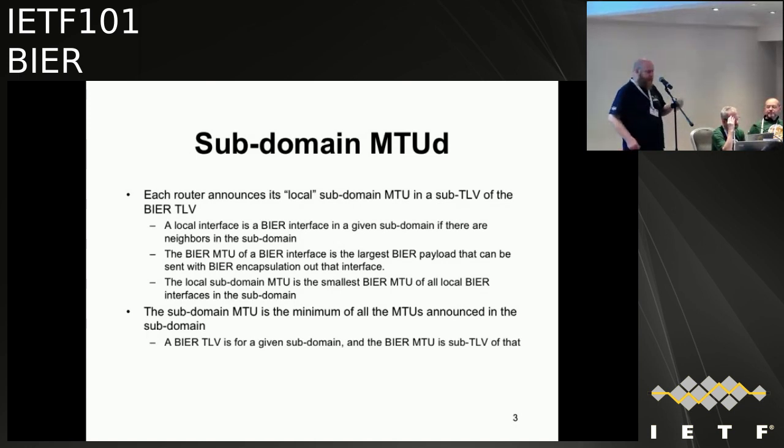So you announce in OSPF or ISIS what is the largest packet I can forward out of any of my local interfaces. Then a router can look at what everyone announces. They announce a BIER prefix tagged with this MTU, so you can say, okay, this is the minimum of what everyone announces, so that's our subdomain MTU. Yeah, okay, that's it. All right.